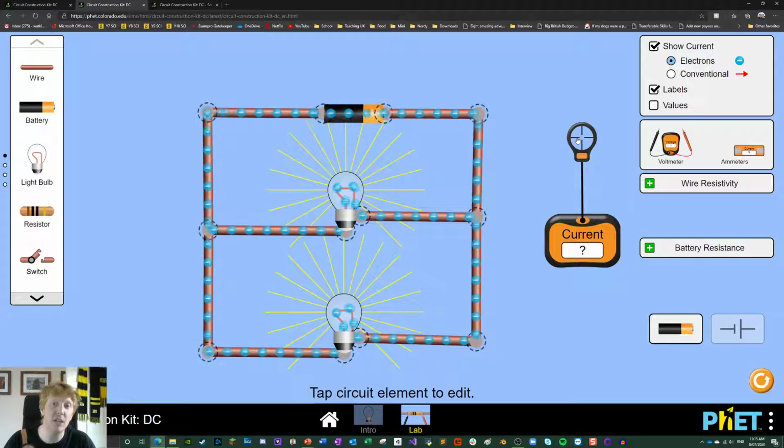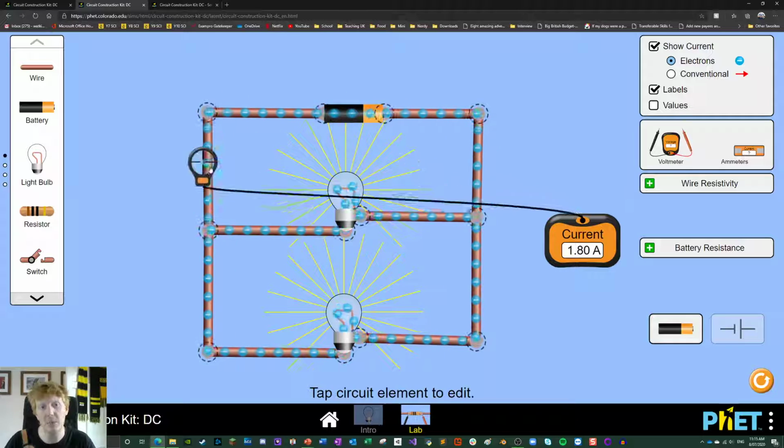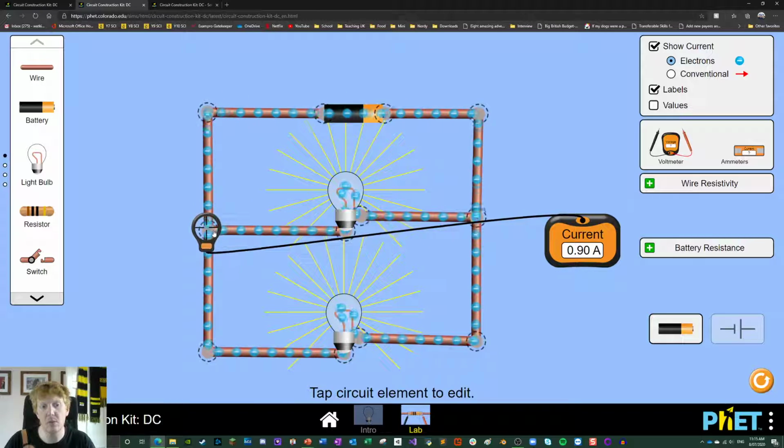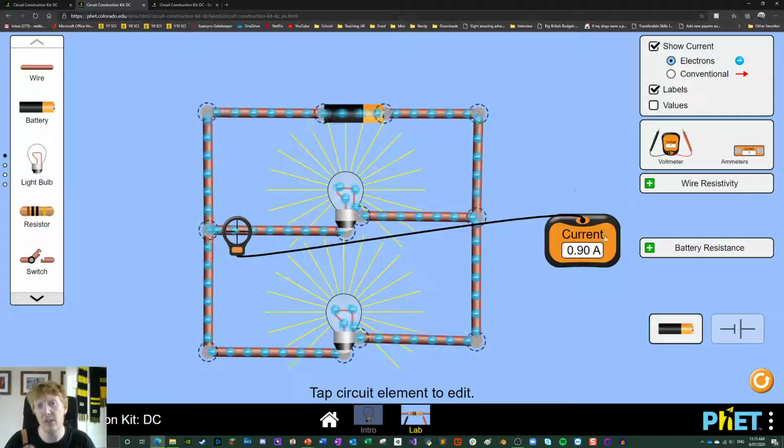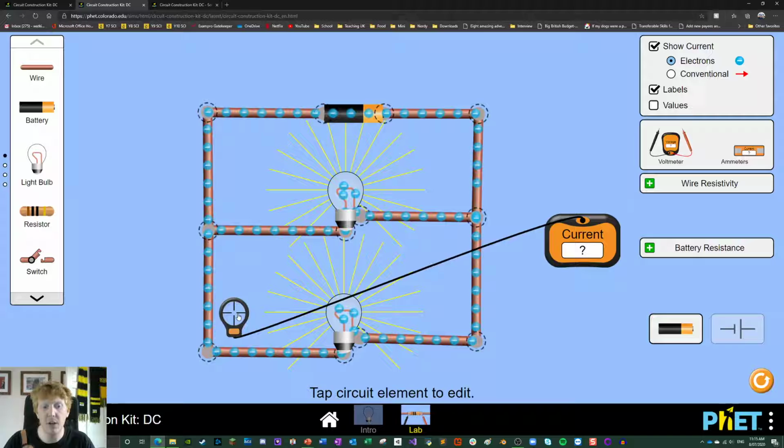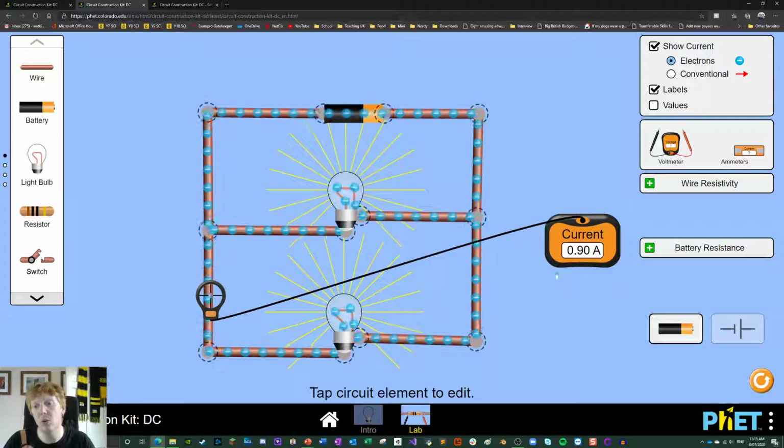So let's quickly measure the current and have a look at that. Current in this part, or the main part of the river, is at 1.8 amps. After that current has split, it actually goes down to 0.9 amps, or half the speed, right? And if we go to the other one, it is also 0.9 amps, which is half the speed as well.